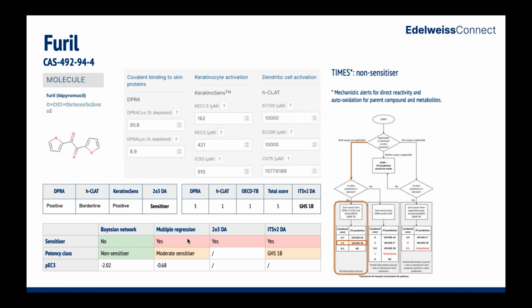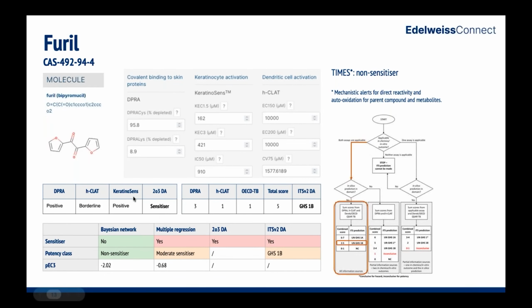Next example is furyl. This is also an interesting example where the DPRA is positive and the result is quite high. So the score contribution within ITS V2 is quite high and 3. Keratosense is positive and HCLAT is borderline.